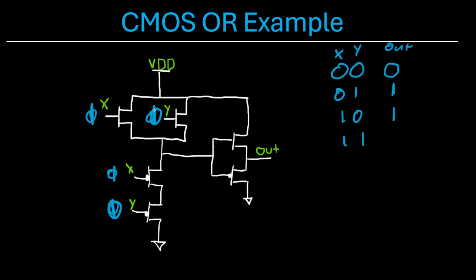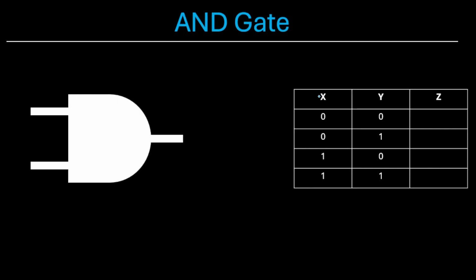And then the final case, if they're both 1, both these transistors are off, both these transistors are on, connecting VDD to the gate of this transistor here, turning it on, and that again connects your out to VDD. So notice how it's got the same behavior as the OR gate we just looked at.